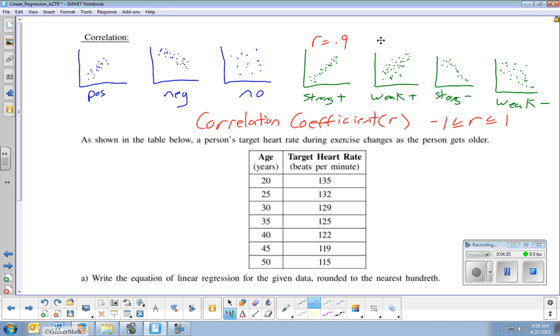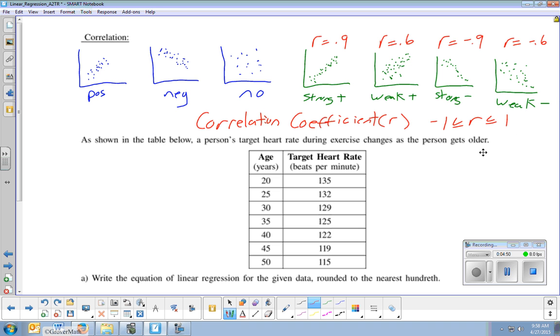A weak positive is something like 0.6. So the closer it is to 0, the weaker it is. And a strong negative is strong, but in the negative way. So a strong negative would be something like negative 0.9. And a weak negative would be something like, again, negative 0.6. So the closer to 0, the weaker.